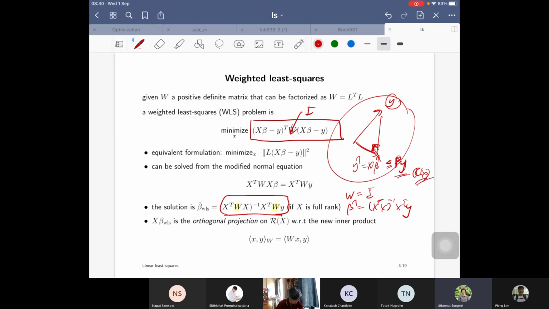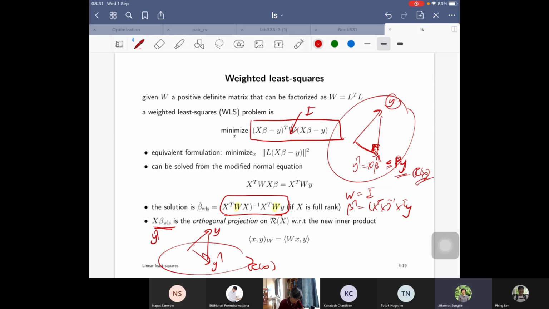For weighted least squares, we also have this similar meaning. X times beta WLS, which is our y hat in this sense, is also an orthogonal projection on the range of x as well.